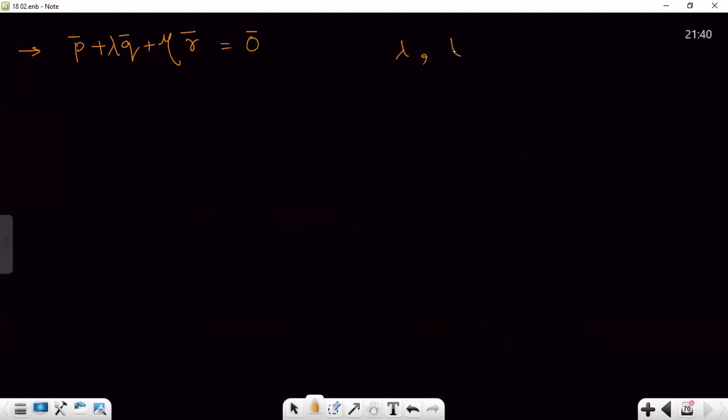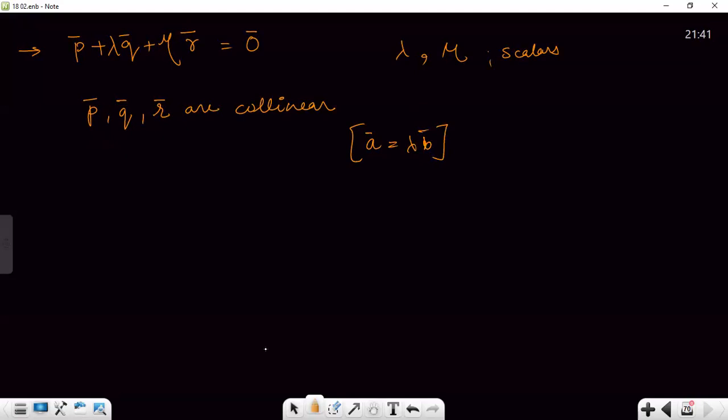Lambda and mu are scalars, natural numbers. Then P, Q, and R vectors are collinear, as we have talked about two vectors being collinear this way. This is the way for three vectors to be collinear.